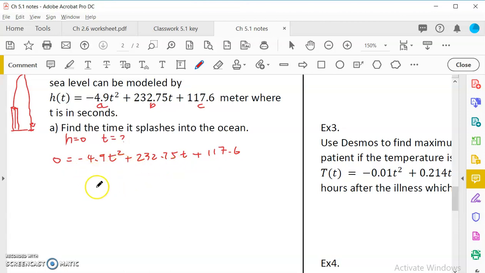This is obviously a quadratic formula question. No one wants to factor it, so let's just do the quadratic formula.